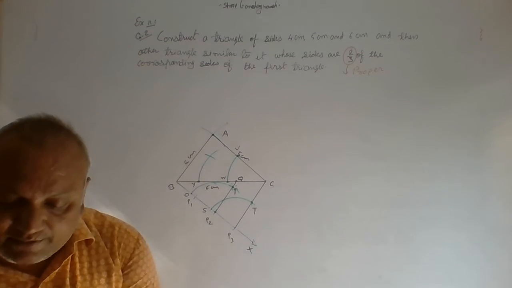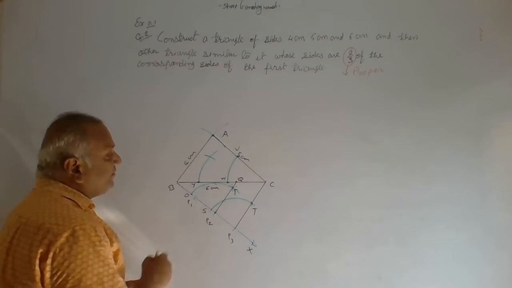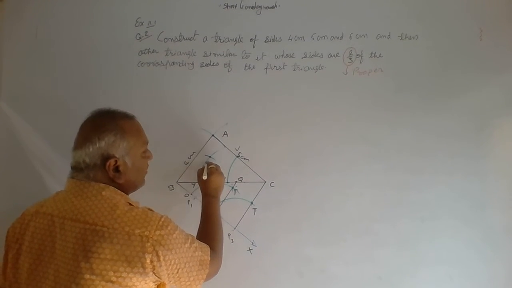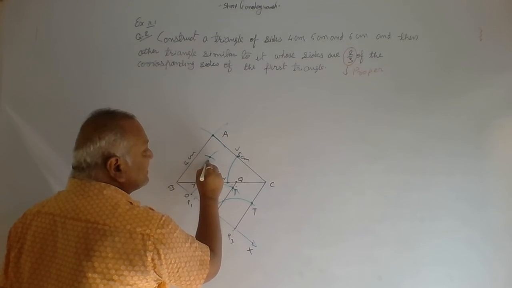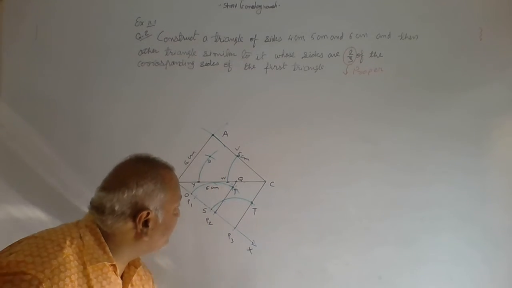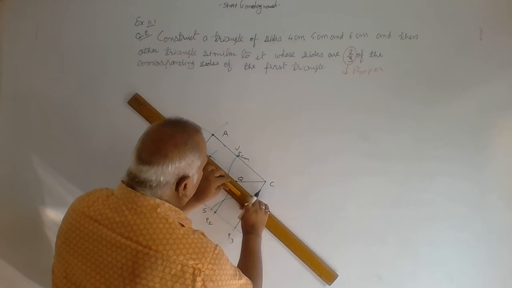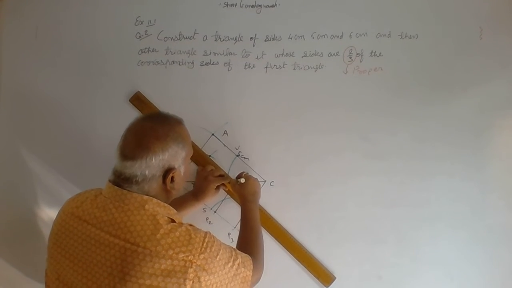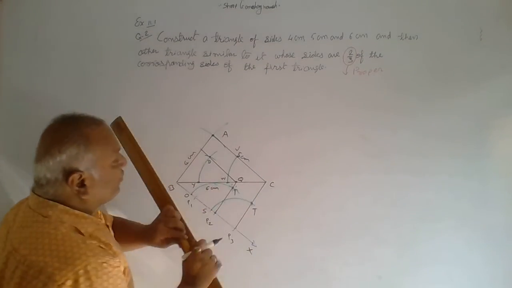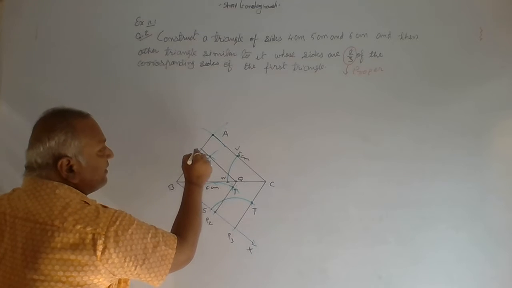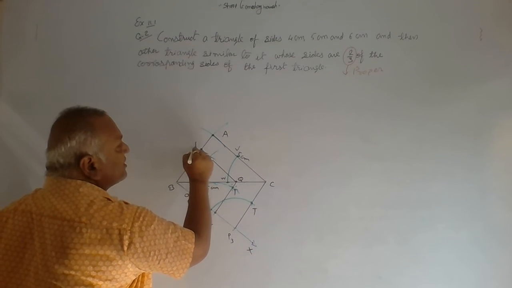Now join the line segment from Q and this intersecting point, suppose it is D. Now we have to join Q and D. Here I have joined Q and D. You can see, friends, it is suppose P.